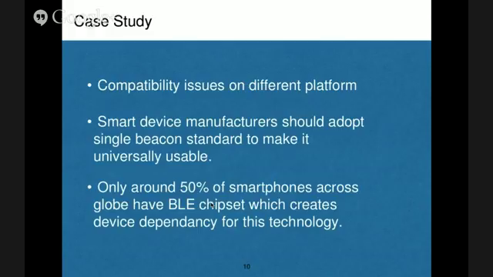Whatever use cases and specifications I have discussed, the main issue I have figured out is the compatibility issues on different platforms. This is mainly because a lot of vendors are introducing their proprietary stuff in the beacon stack. So Apple introduced their beacon with the brand name of iBeacon.